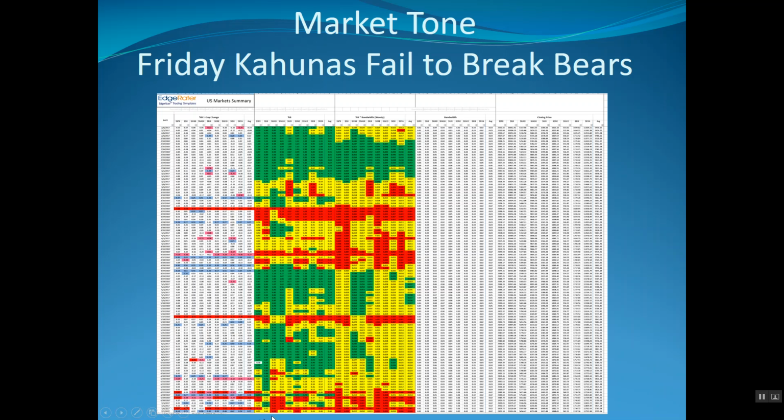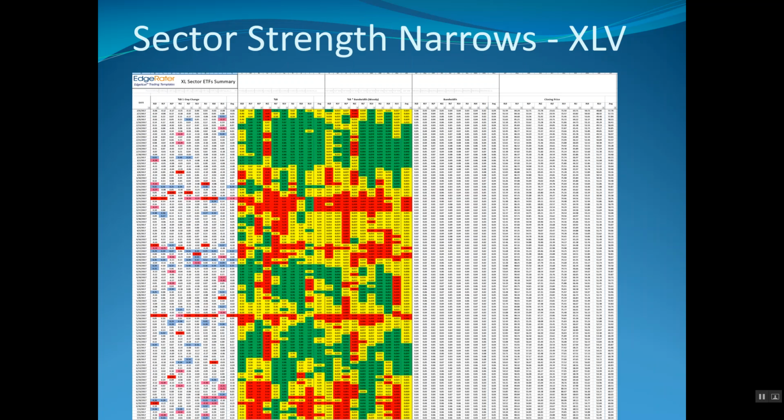It became bearish. Well, we've now had 2 fires of kahunas across the market, and it hasn't taken us out of this bearish chop. So maybe the third time's a charm, but the fact that we keep getting these one-day wonders, which is what those kahunas end up signifying, and it doesn't change the market, that's worrisome. That goes in the dead cat bounce camp.